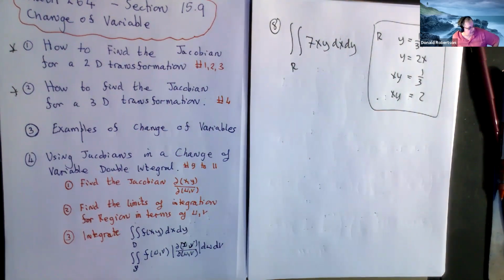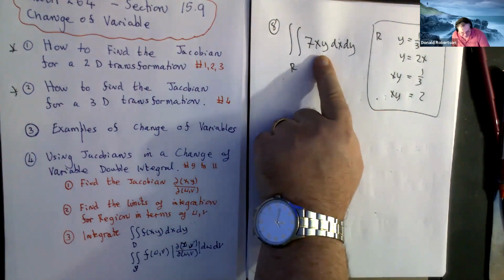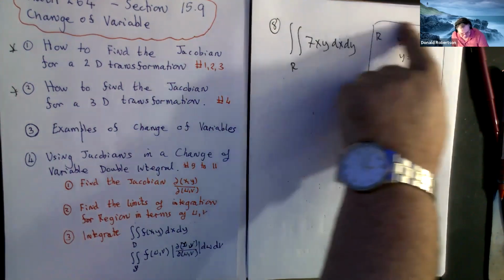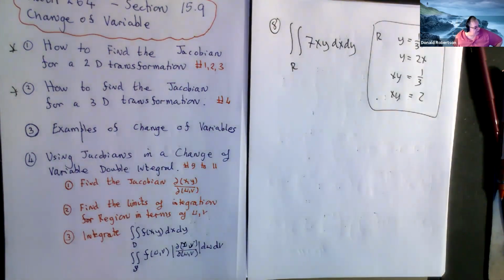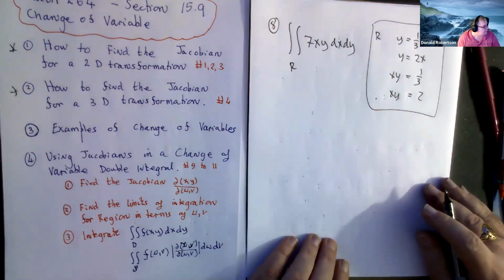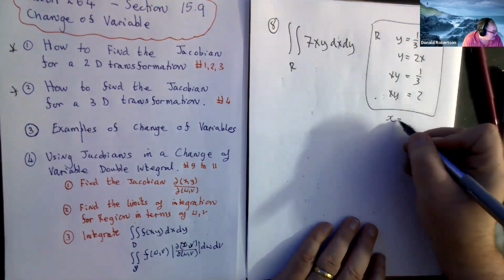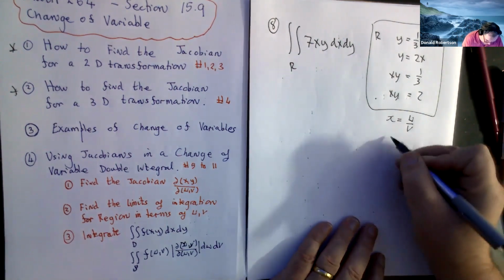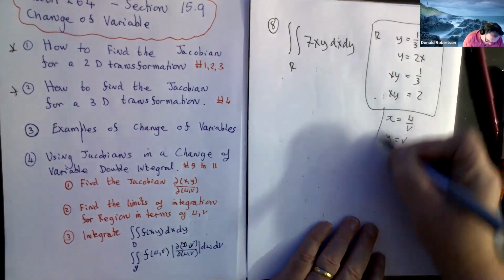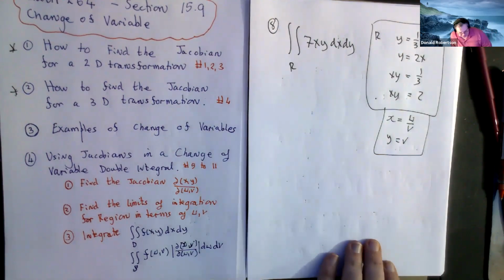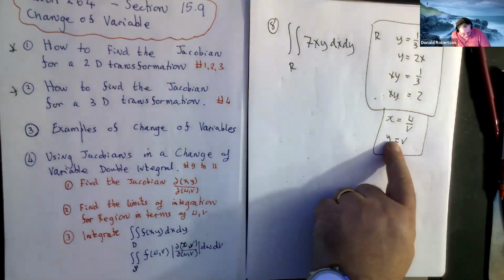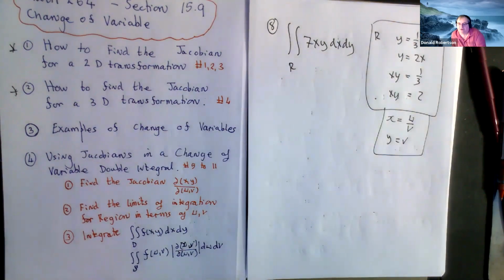And we are going to take this and these particular ones, and oh, I forgot to write down x is u over v and y equals v, right? That's the transformation. And this is the region R, this is the transformation, this is the double integral.